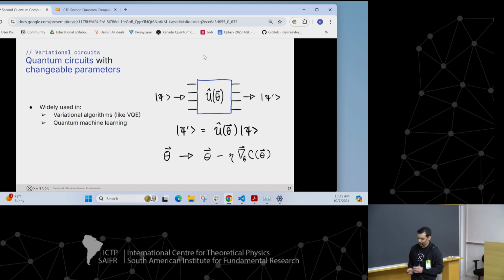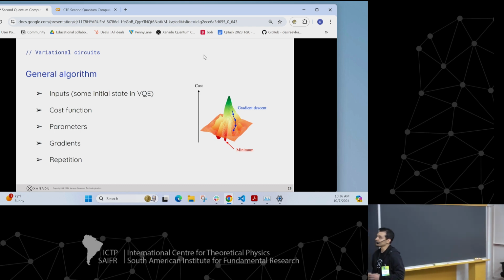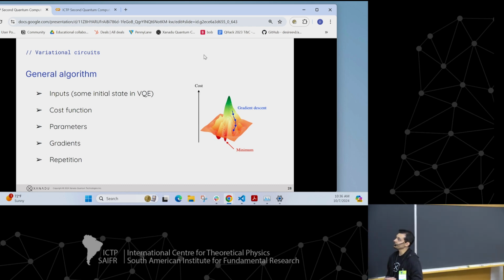So it's very much built around the idea of machine learning or supervised machine learning, where you have a target model, you have a cost function, and you vary the parameters in a way to minimize that cost function. So the general algorithm for variational circuits looks very much like your typical workflow in machine learning. You have some kind of input. In machine learning, it would be some data.